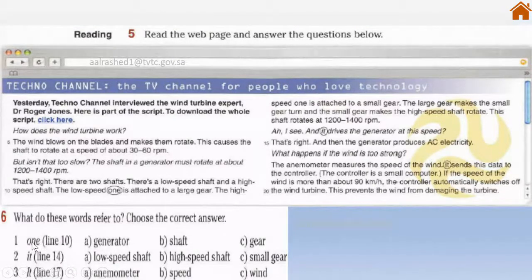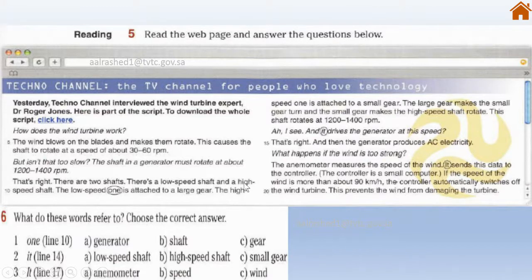Okay. Let's try to identify them one by one. The first one: the low speed one. What does this refer to? Is it generator, shaft, or gear? Before attempting to answer, we need to go through the sentence before. There is a low speed shaft and a high speed shaft.